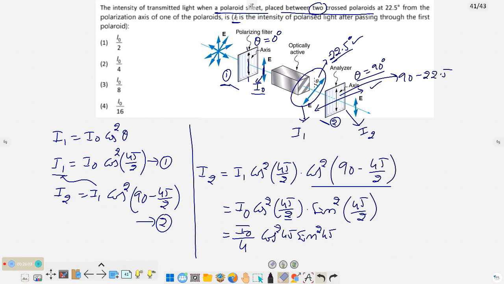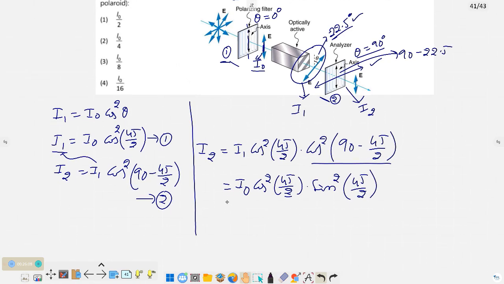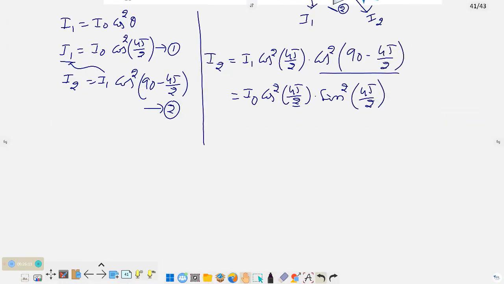So here we cannot do it like this. In this case, to solve this one, first we are going to modify this equation. What way can I modify? Multiply and divide by 4.